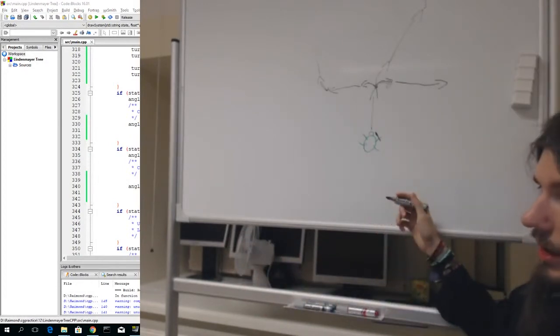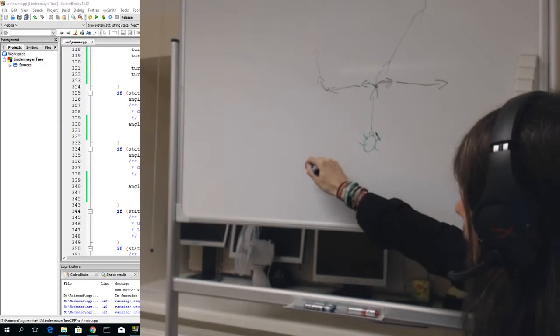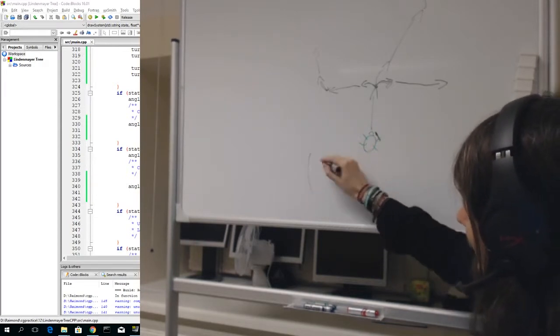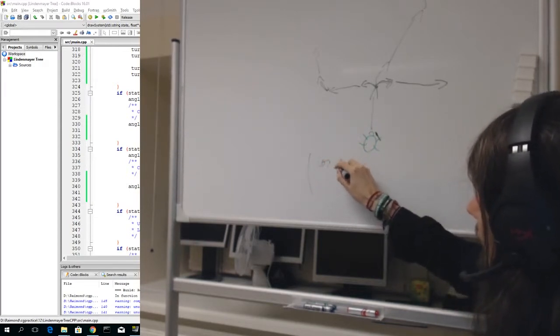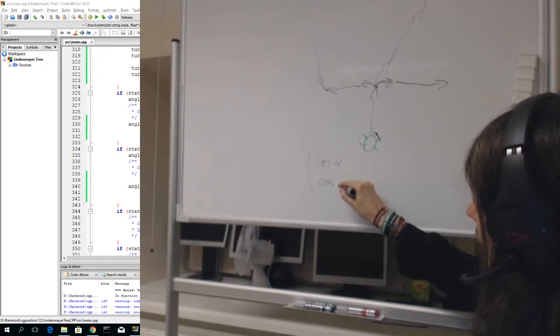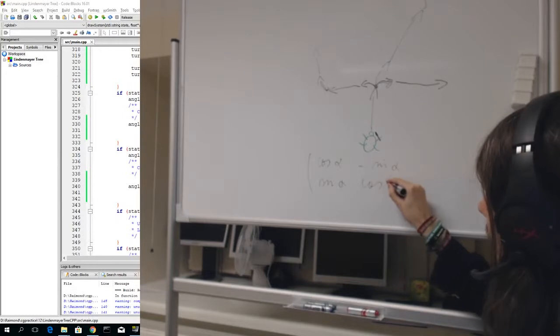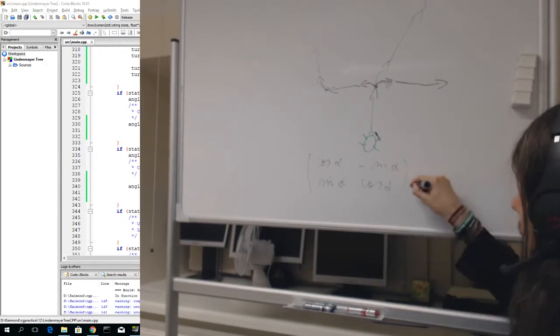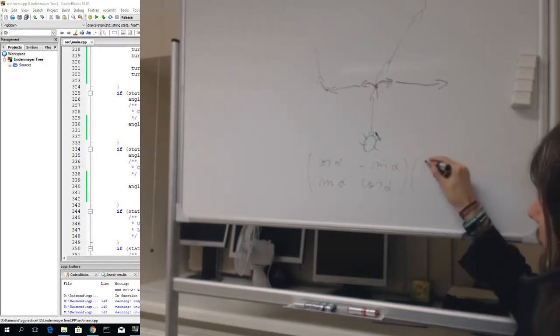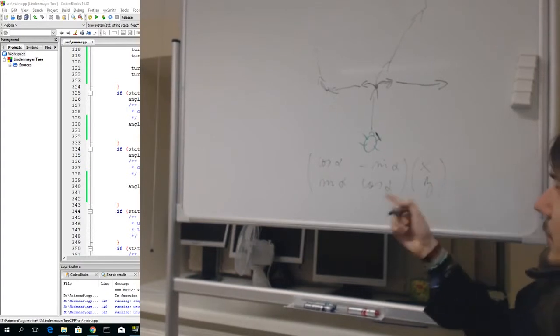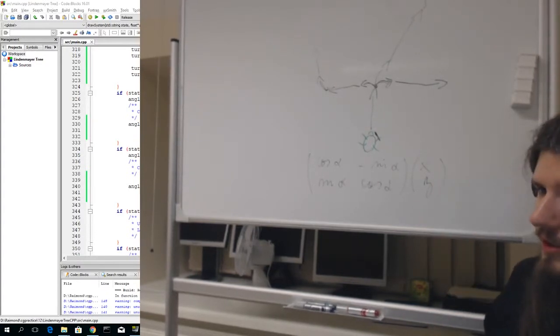So one thing how we can derive this is, you remember there is this rotation matrix, right? So cosine of alpha, sine of alpha, minus sine of alpha, and cosine of alpha. And this can rotate any vector x, y by just matrix vector multiplication.